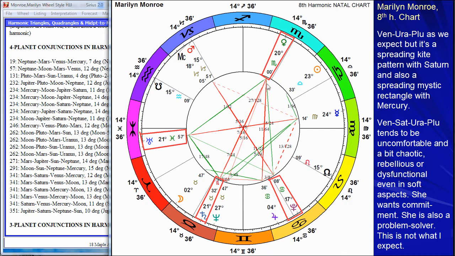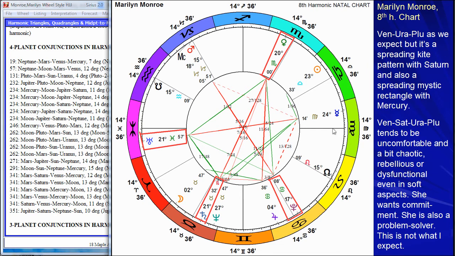But here's a surprise. Saturn is opposite Venus, and this is a kite pattern, as it's called. Trine, sextile, sextile, trine, and the opposition, Saturn. Now that's surprising. Venus, Saturn means wanting commitment, wanting stability. She actually wants to be married.